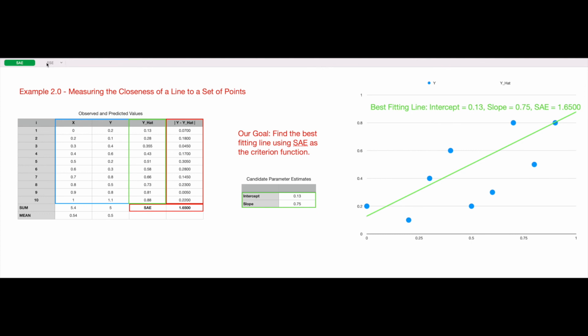So when we toggle back and forth, we see that the lines are coincident now.